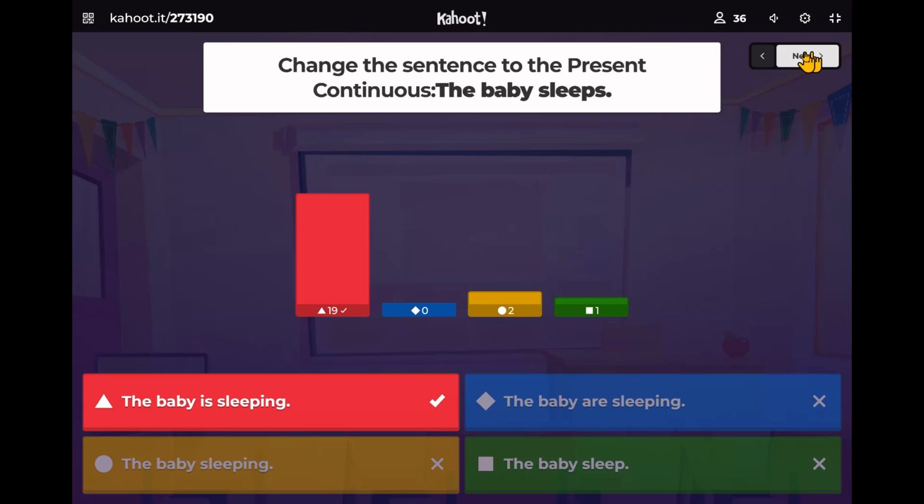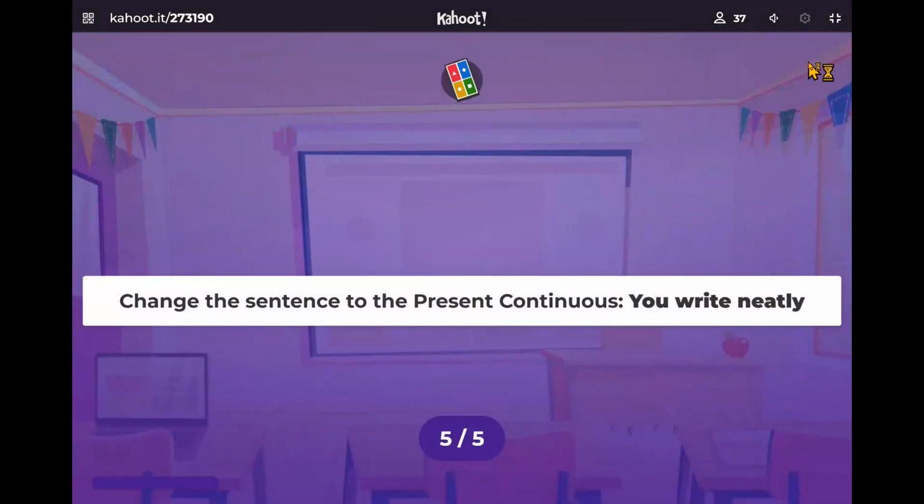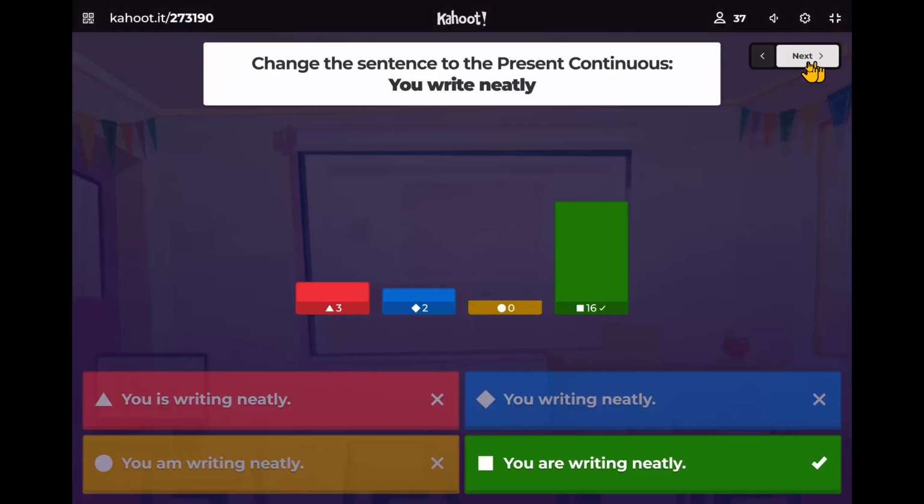Great job. Most of you have answered this question right. So you have understood, right? How to change the tense from simple present to present progressive or present continuous tense. Next. Very, very good. Good job.